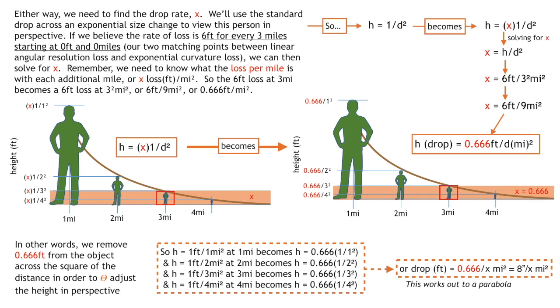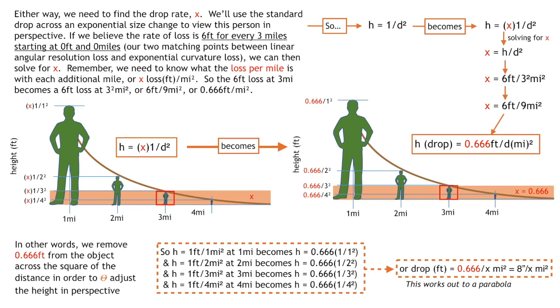So remember, we need to know what the loss per mile is with each additional mile, or x loss of feet per mile squared. So the 6 foot loss at 3 miles becomes a 6 foot loss at 3 squared miles, or a 6 foot per 9 mile squared loss, or 0.666 feet per mile squared.